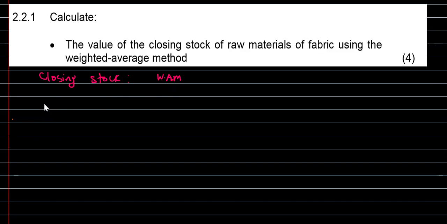We are going to say total cost of production, divide this, make a line there, then underneath write total units produced.